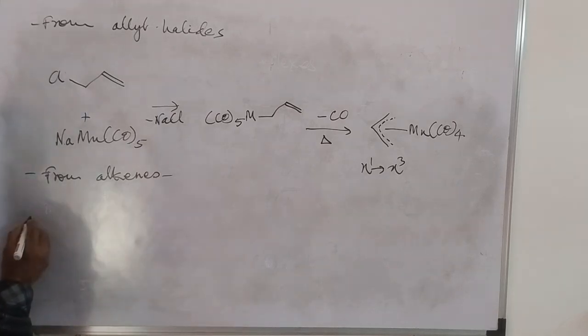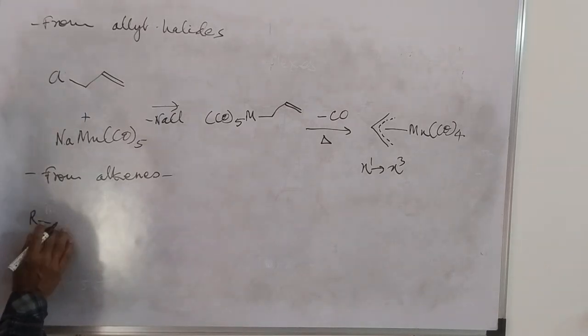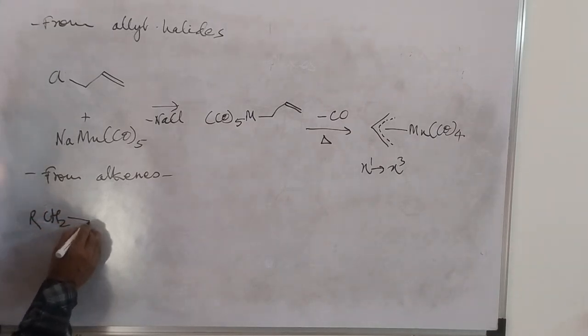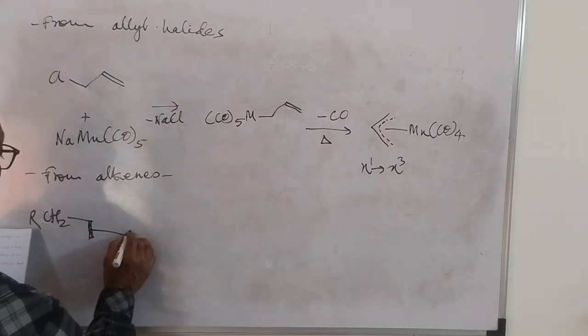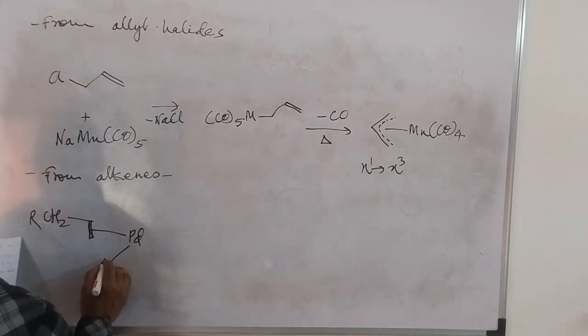So you can have this alkene like this, R, CH2, like this. This is the pi bonding to the metal taking place with palladium.